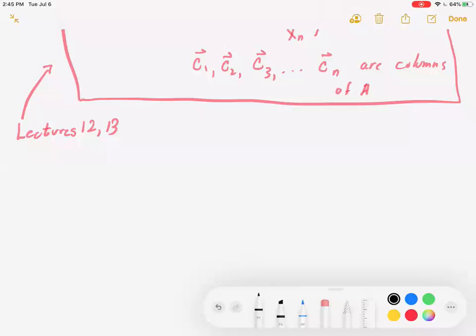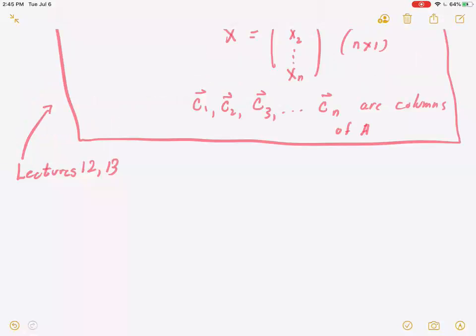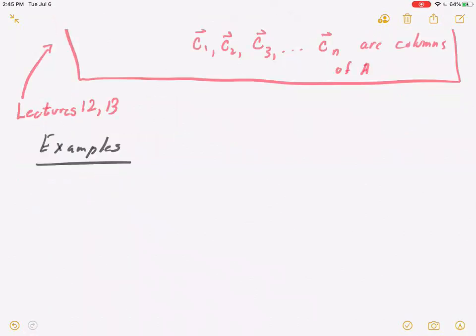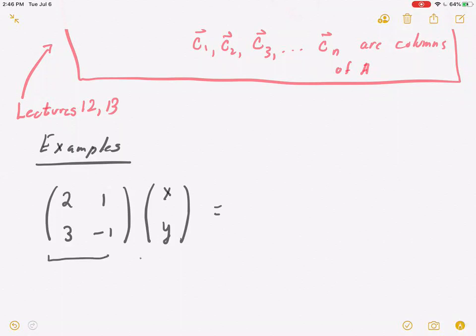So let us put all this together and go through other examples. Again, we are revisiting matrix multiplication in a new light. Let's pick an example that's simple. Here's a 2 by 2 matrix, a square matrix of order 2, and we're going to multiply it by a matrix of unknowns. In order for matrix multiplication to be compatible, this has to be a 2 by 1 matrix.